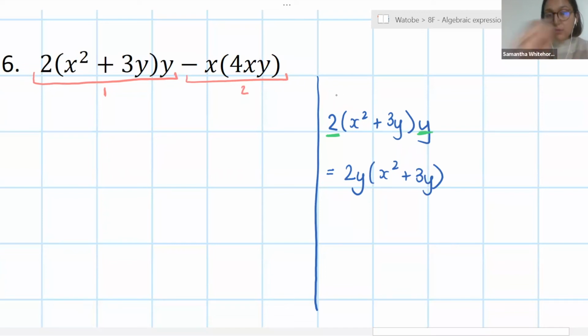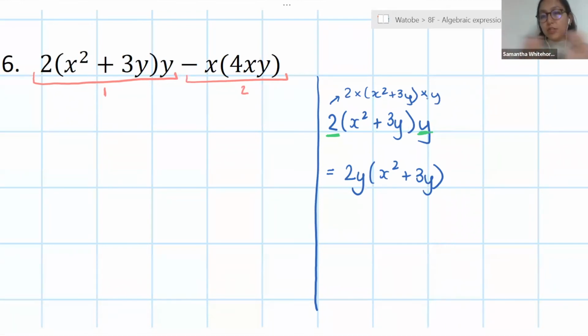The reason I'm multiplying, remember, is because this is saying 2 times the bracket x squared plus 3y times y. So all of that is multiplication. So whichever ones I choose to multiply first, it really doesn't matter. And if we go and multiply the coefficients together, so just put them both at the front, it's going to make my life a whole lot easier.